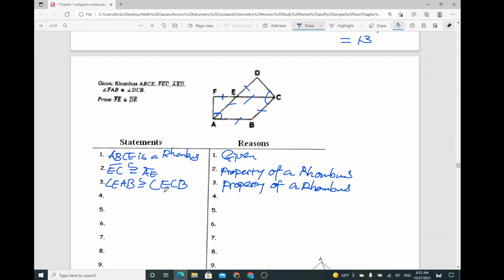Now by using the angle subtraction postulate, the measure of angle FAB minus angle EAB will give you the measure of angle FAE. And at the same time, right here, the measure of angle DCB minus the measure of angle ECB will give you the measure of angle DCE.